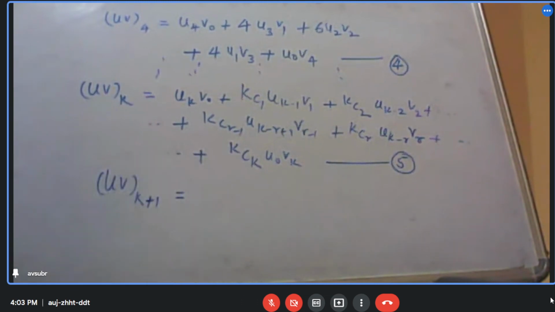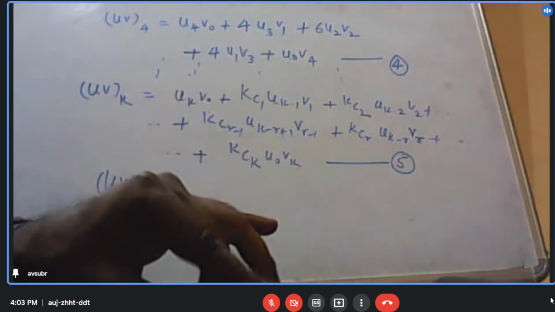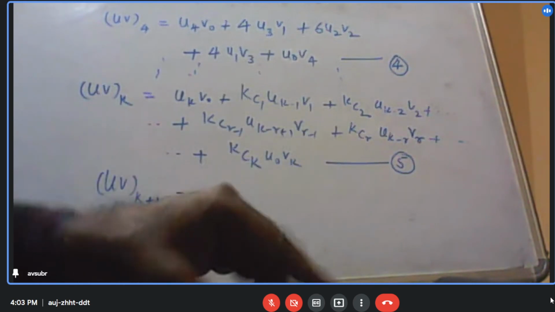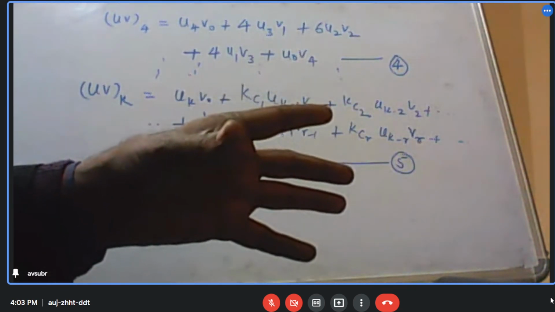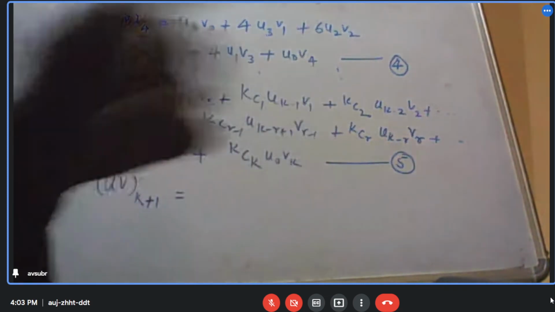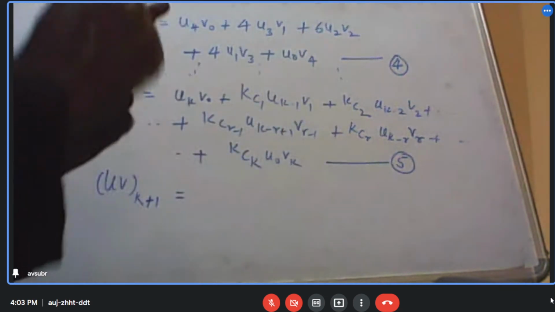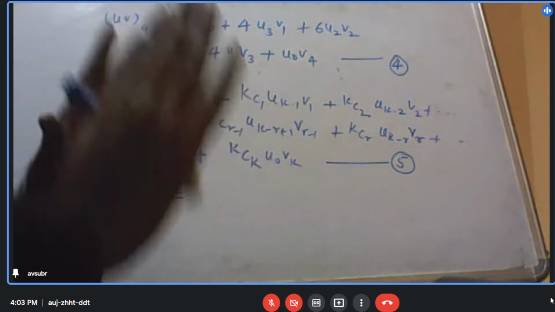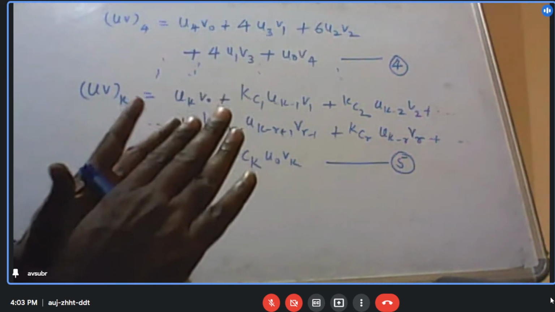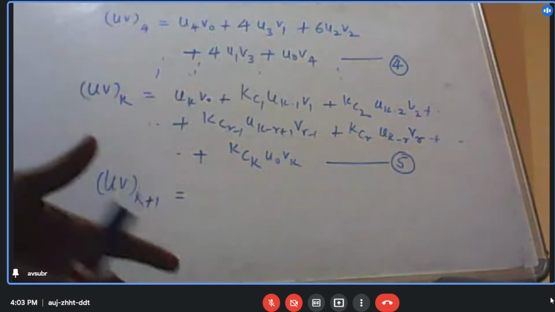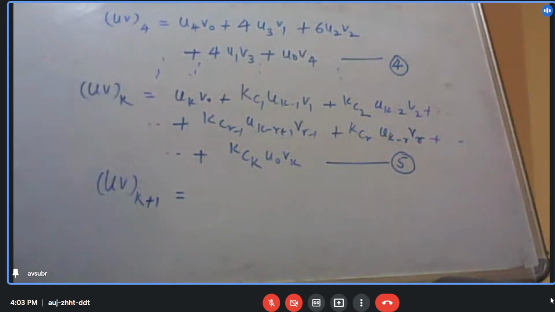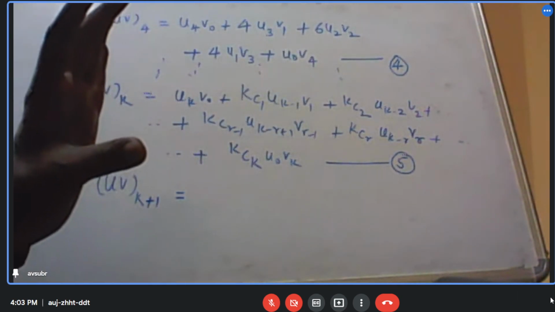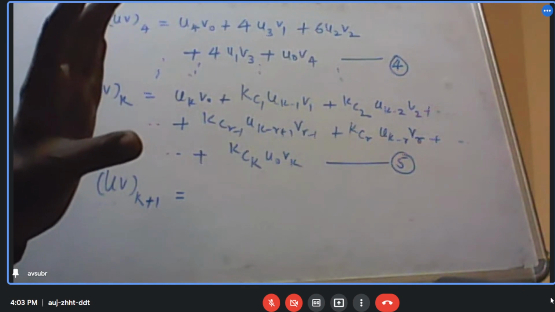So if our rule is true for K plus 1, then it should be true for any value of n. Any value of n means if you take a product of two functions, for any derivative, first, second, third, fourth, this rule should be valid, isn't it?